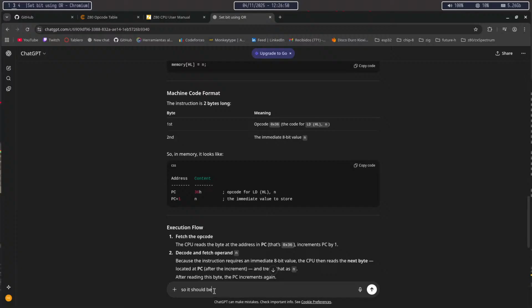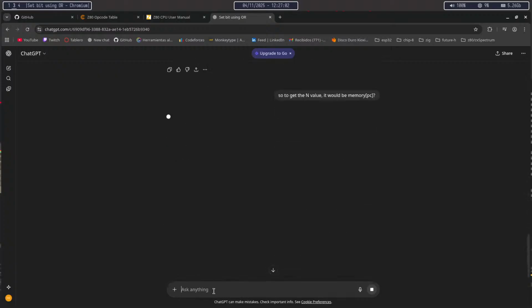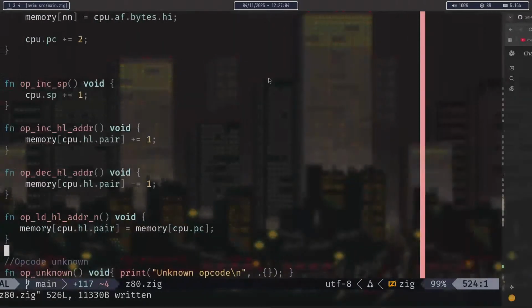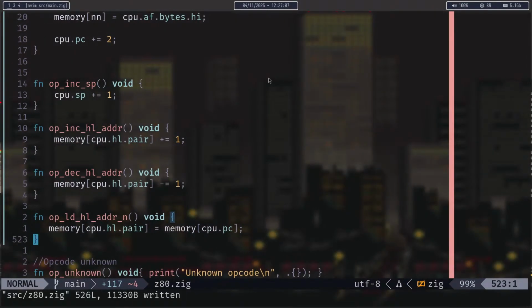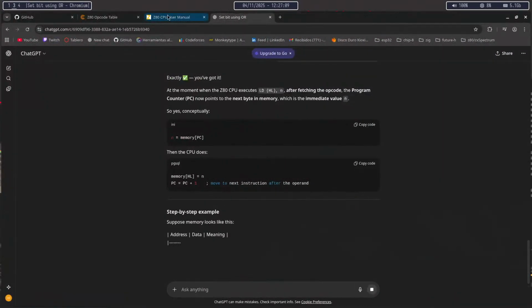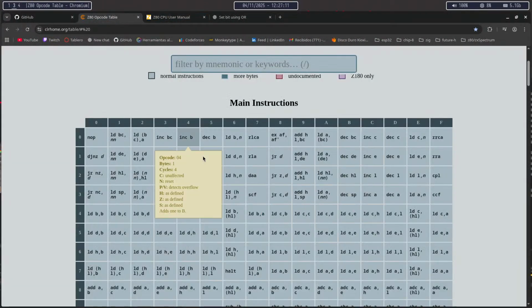So to get the N value, it would be memory at PC. Alright, just wanted to make sure. It's been a while, so I am a bit rusty.